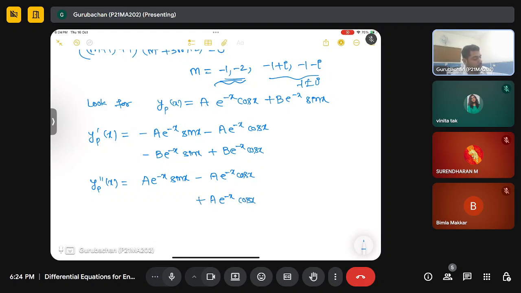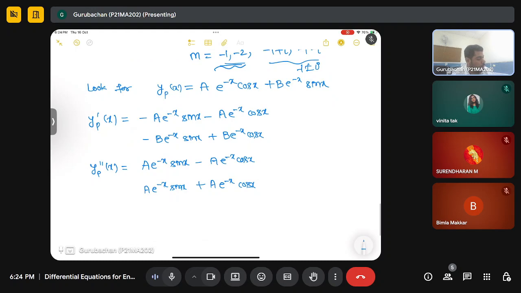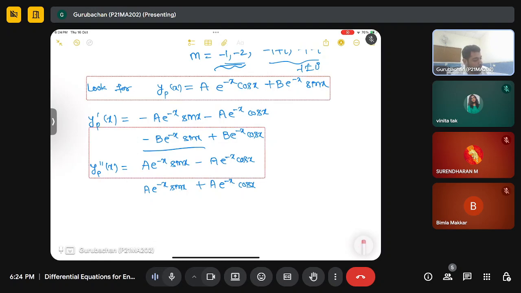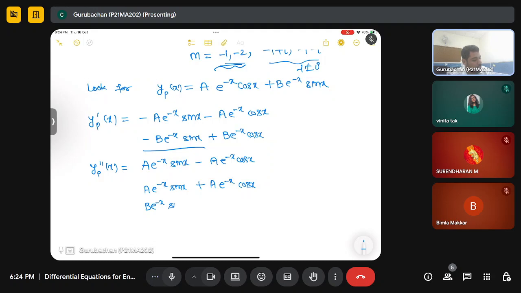When you differentiate the cos function, it will be a e to the power minus x sin x. Next, when you differentiate the third term, this will give you b e to the power minus x sin x, and when you differentiate sin x, this will give you the cos function.